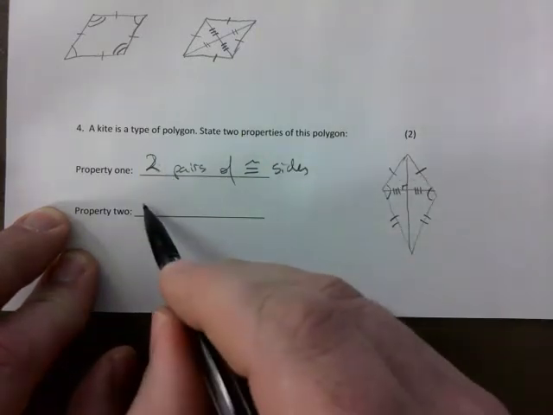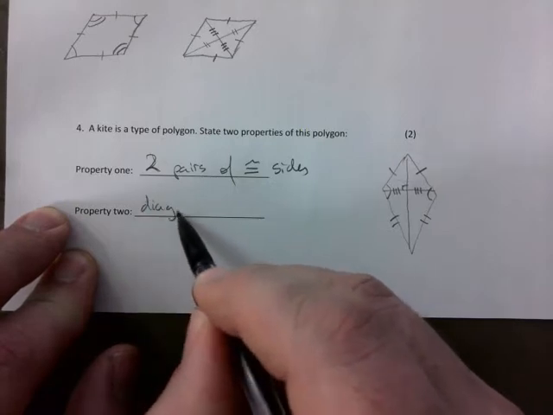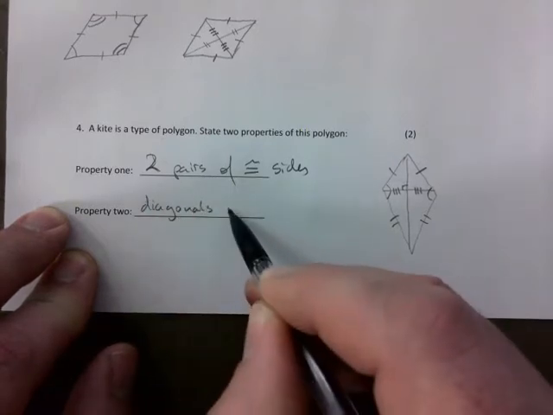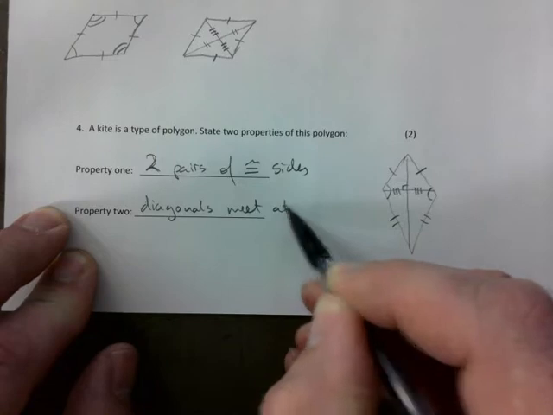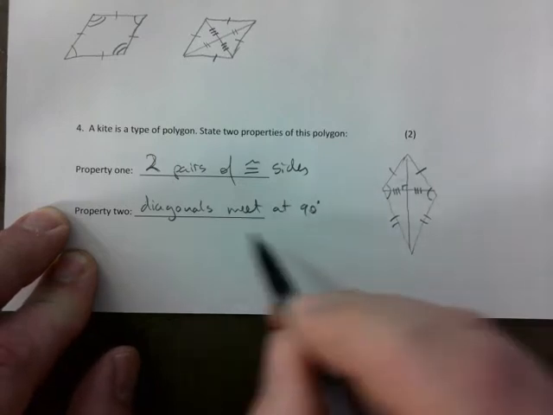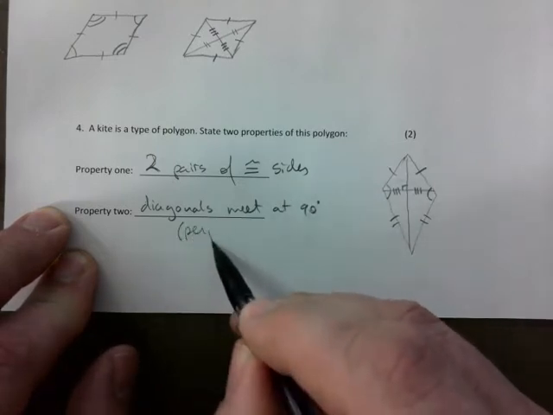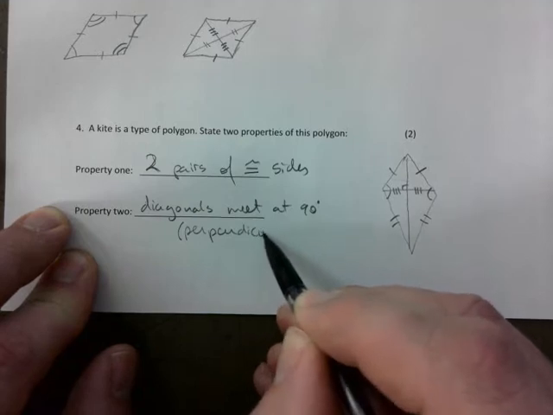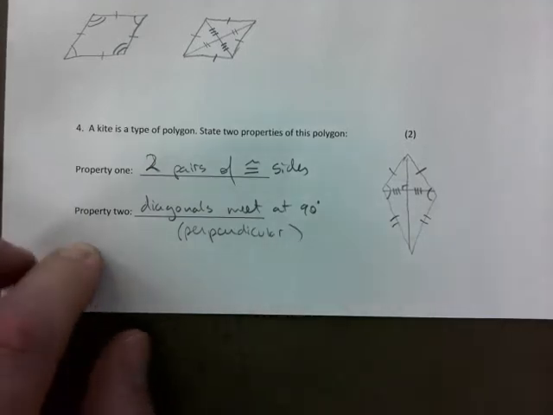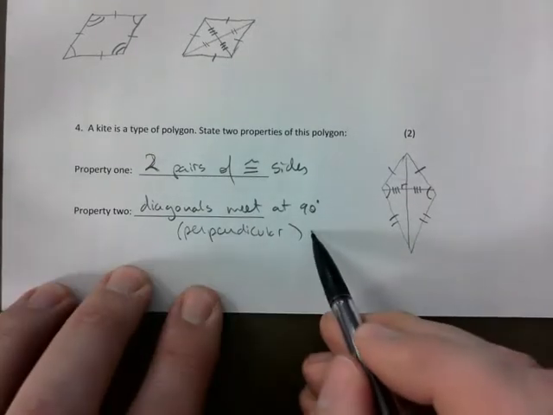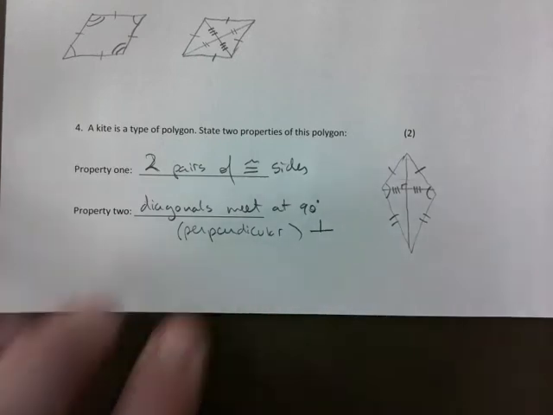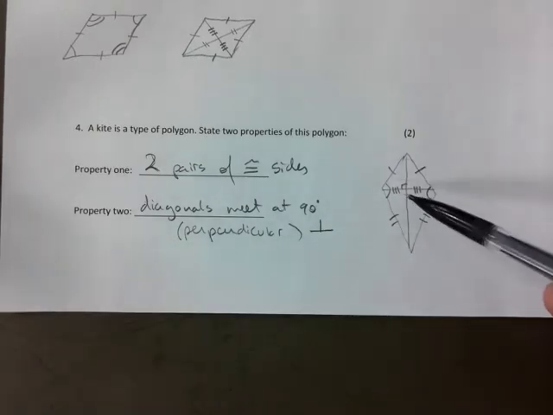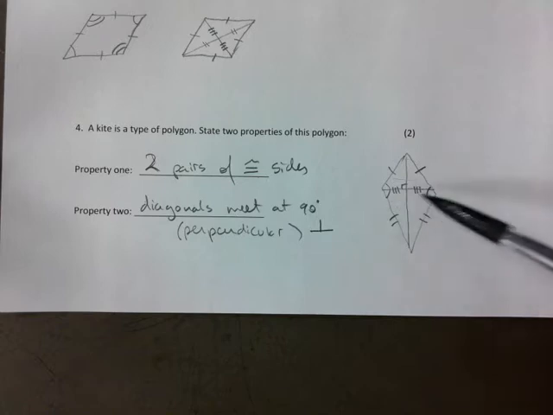The other properties that the diagonals meet at 90 degrees, or they're perpendicular, right? The symbol for perpendicular is like that. You could say that the shorter diagonal is bisected.